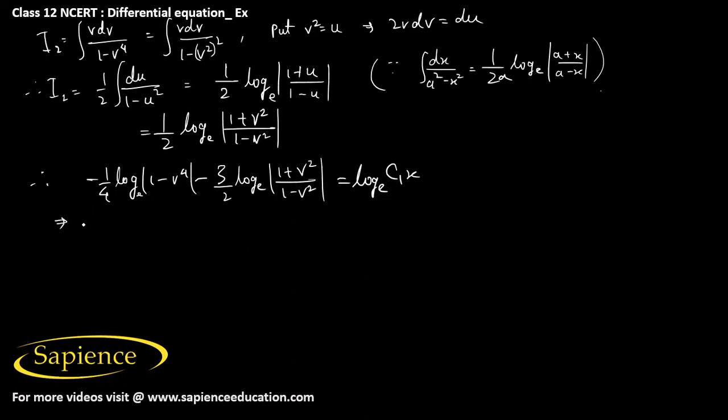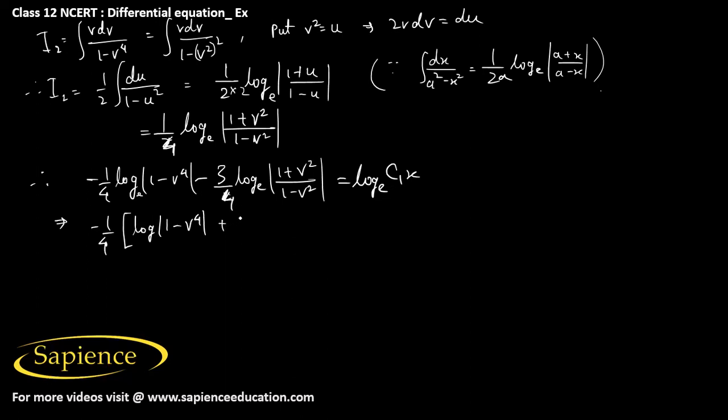So we can write this as minus 1 by 4 if I take it as common. This will be log mod (1 minus v power 4) plus, sorry, this will be into 2 again, so this will be 3 by 4 actually.